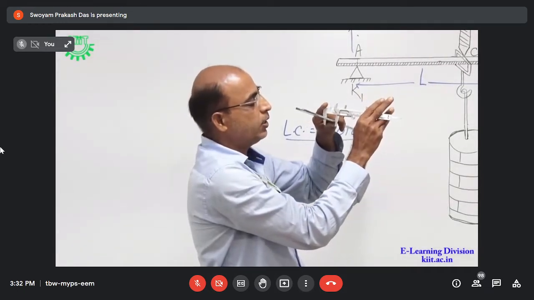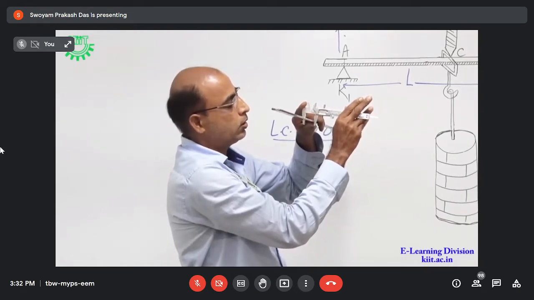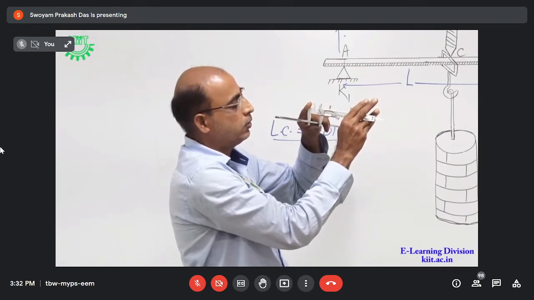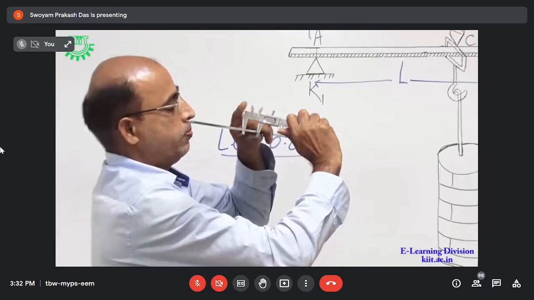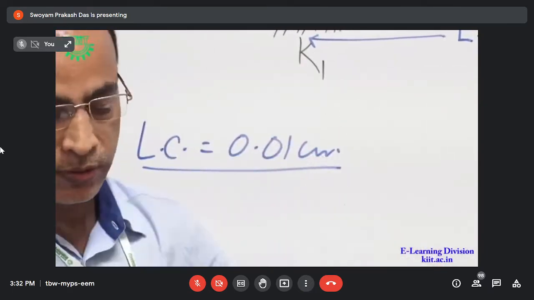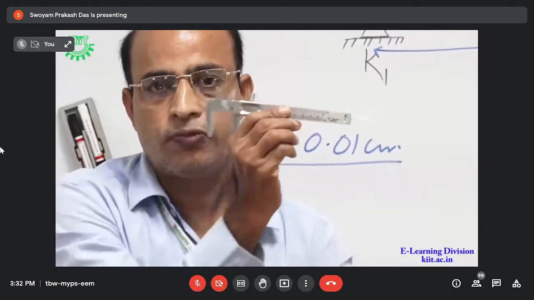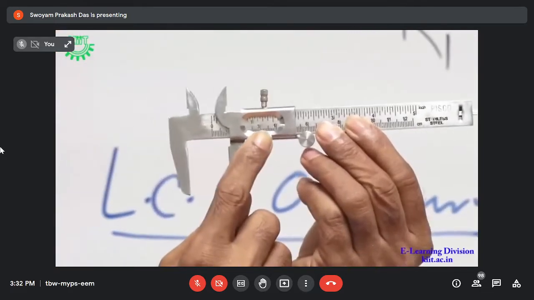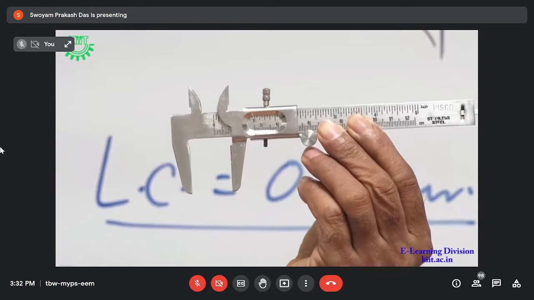So after keeping both the lower jaws very close, within which this beam is kept, it is made tight, then taken out, and then we can see the value of this MSR by taking the reference of vernier 0 over the main scale.